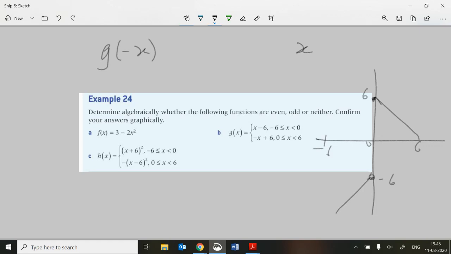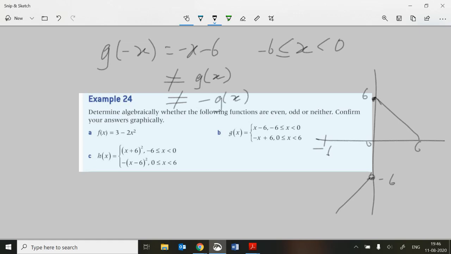Say for the first part, where x is between -6 and 0, then g of minus x is going to be minus x, substituting minus x in there, and we're still going to get -6. Now, nowhere in this function is that defined, -x minus 6. So this is clearly definitely not equal to g of x, but it's also not equal to minus g of x as well.